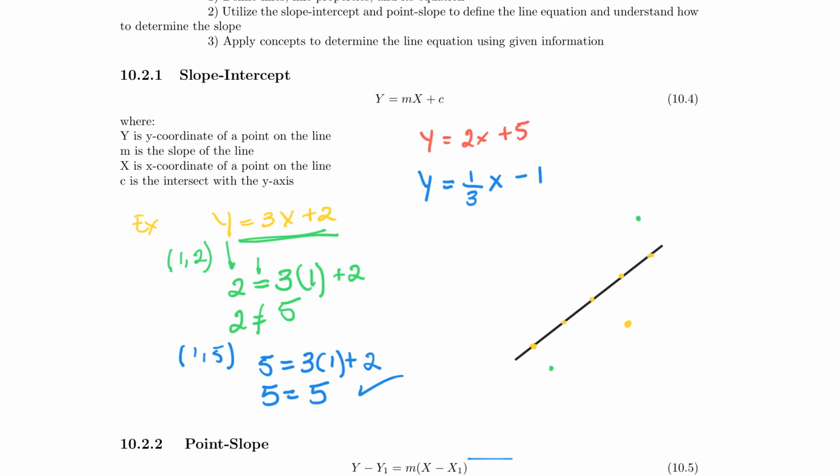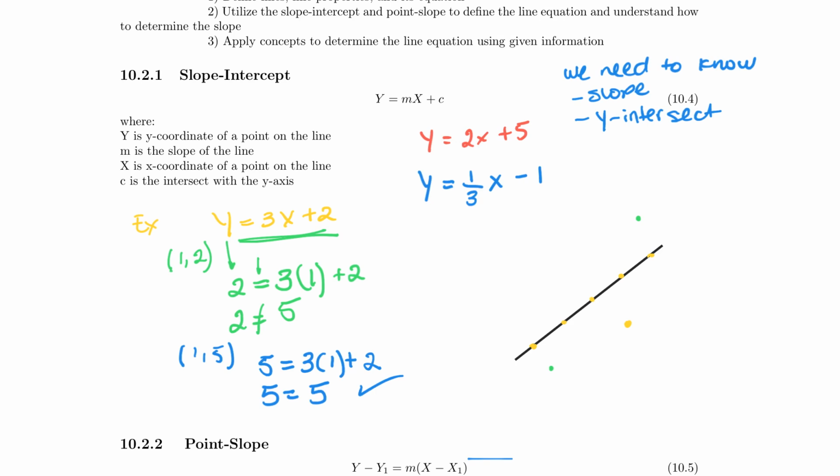For this equation, what we need to know about this line is the slope of the line and the y-intercept.